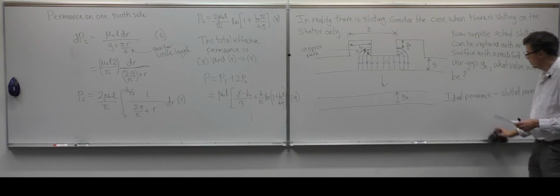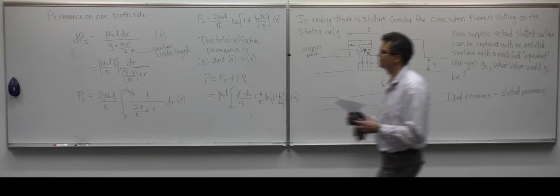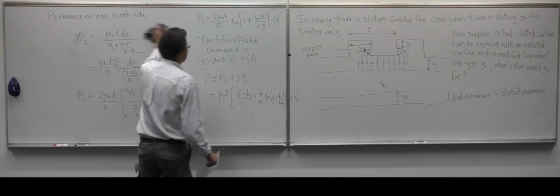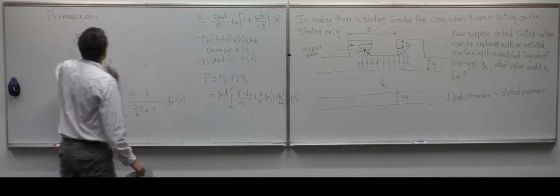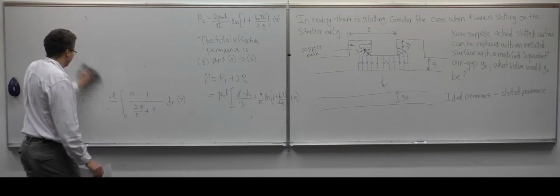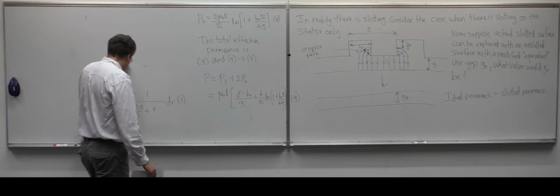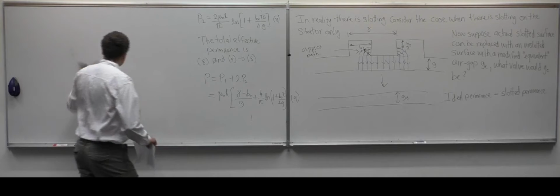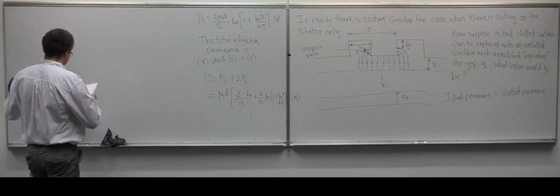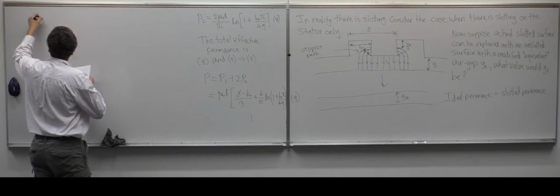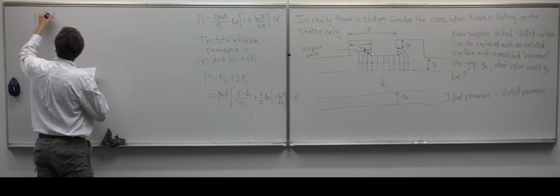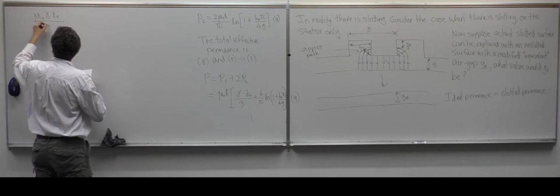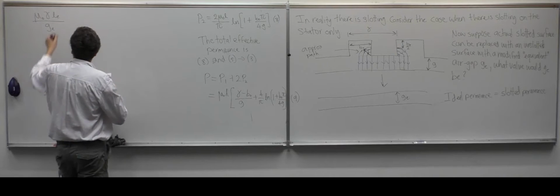So the ideal permeance, what's the ideal permeance going to be? 1 over the reluctance, right? The ideal permeance will be mu naught gamma L_E over G_E.